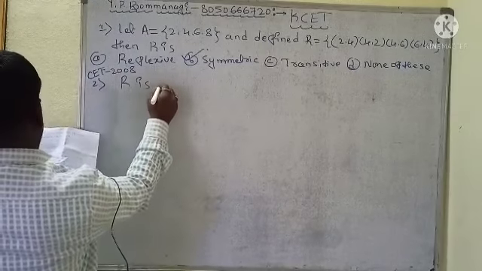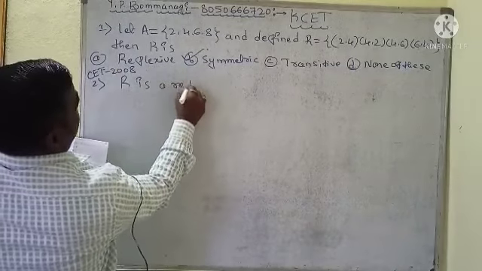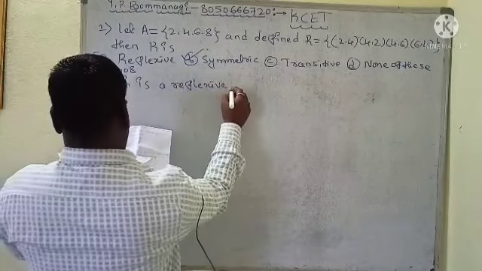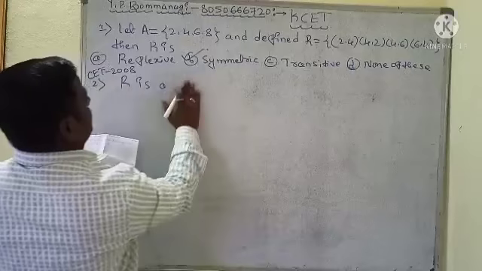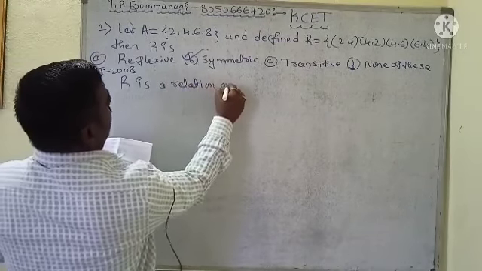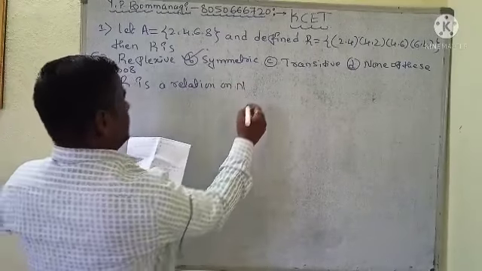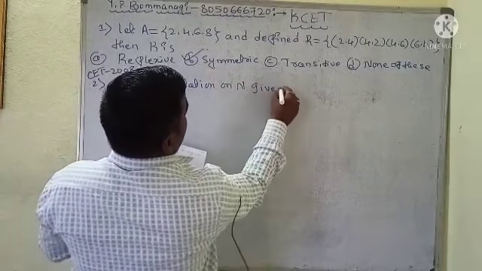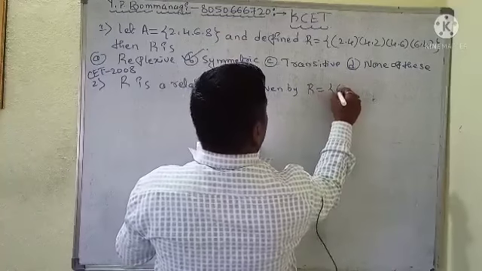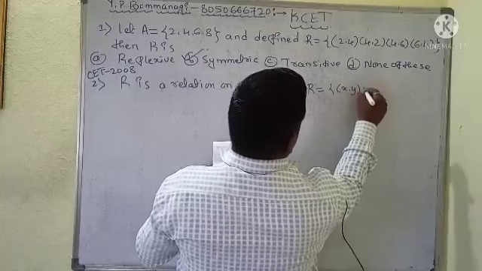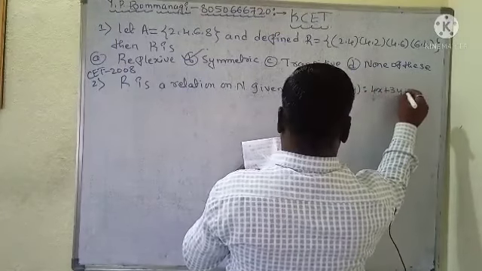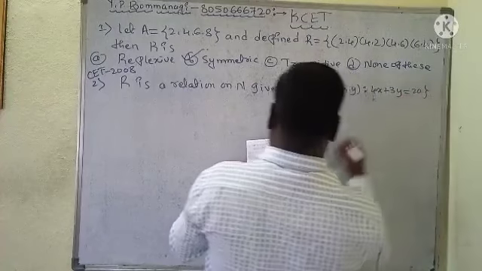R is a relation on N given by R equal to {(x, y) such that 4x plus 3y is equal to 20}.